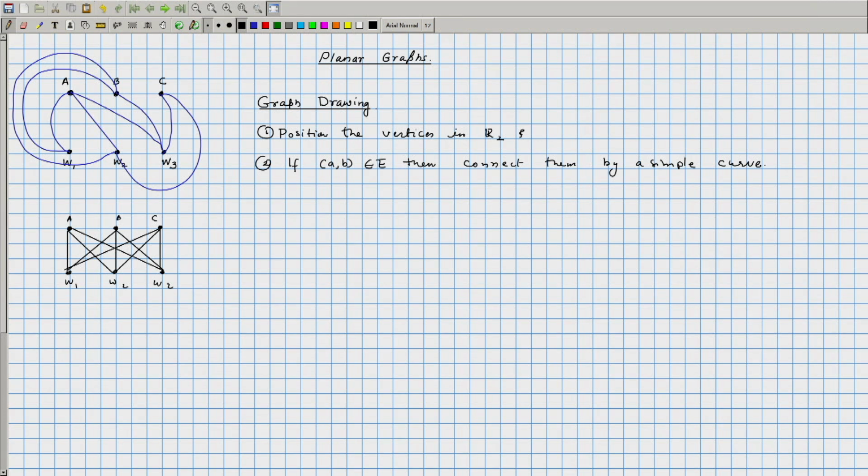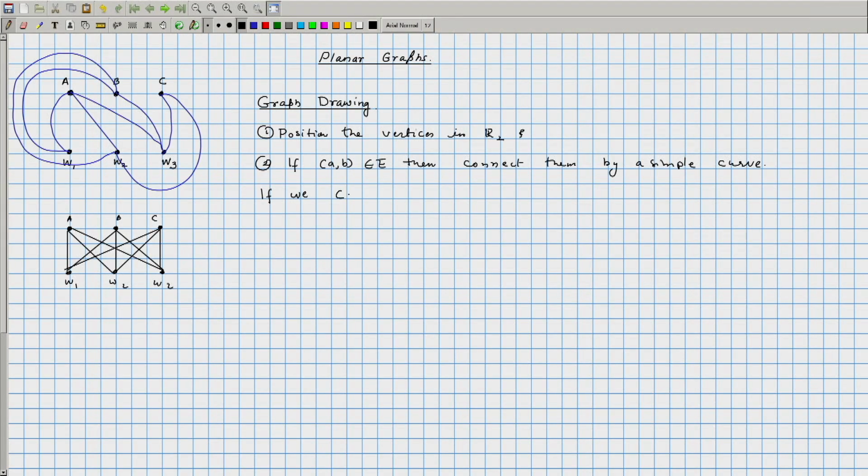And if we can find a graph drawing in such a way that the curves corresponding to the edges do not intersect, that there are no crossings, then we say that the graph is planar.